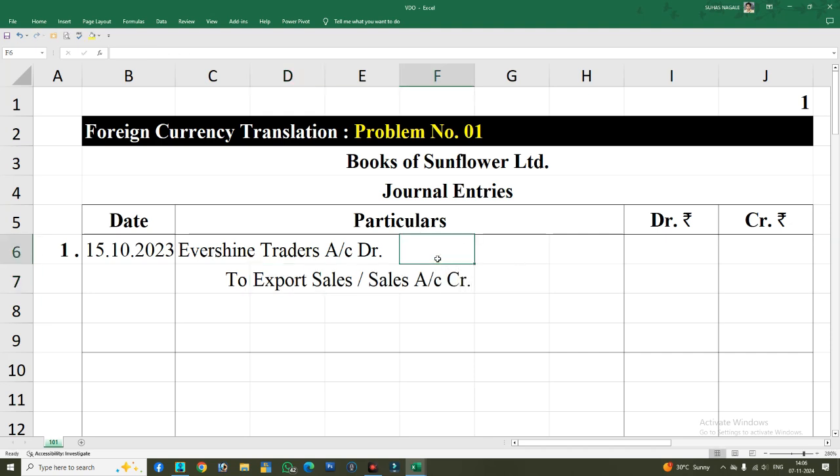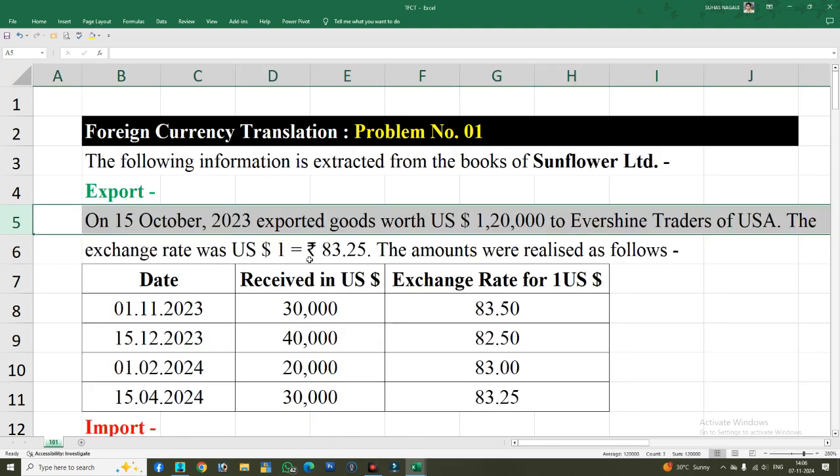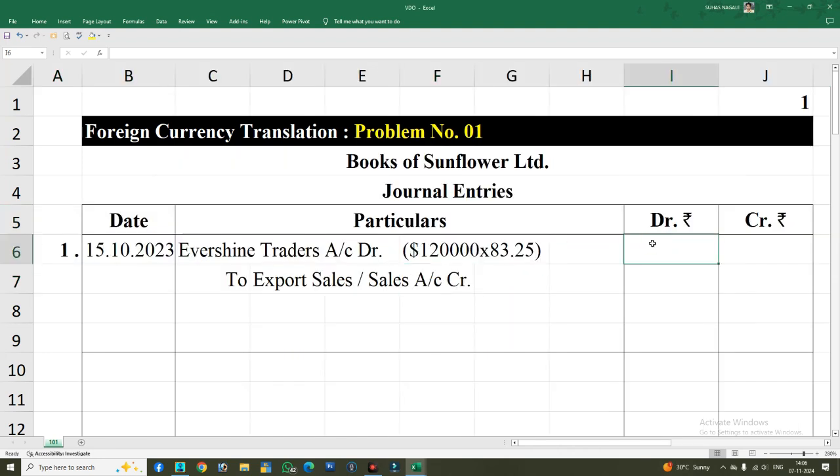For our reference, we have to record in bracket $1,20,000 into rate 83.25. This is the base rate 83.25. Now we can record the amount. Calculation: 1,20,000 into 83.25, same as it is, 99,90,000 after calculation.